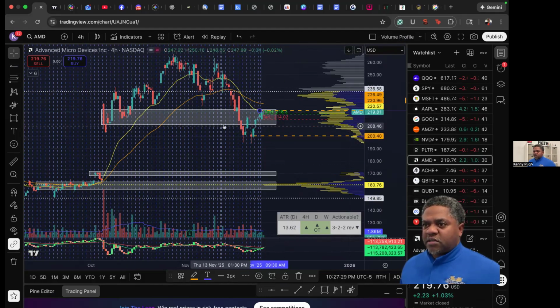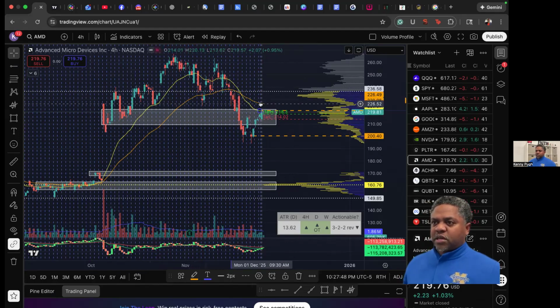We have our zones of interest. We also have these liquidity zones, which are these dotted lines that are present. I have my EMAs. The 50 EMA is the orange one. The 21 is the yellow one. And so if the 21 is underneath the 50, then I typically am looking for shorts.